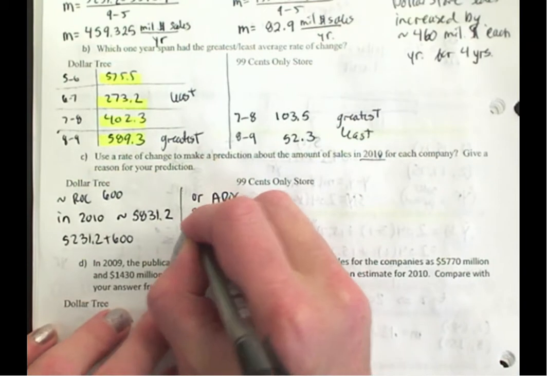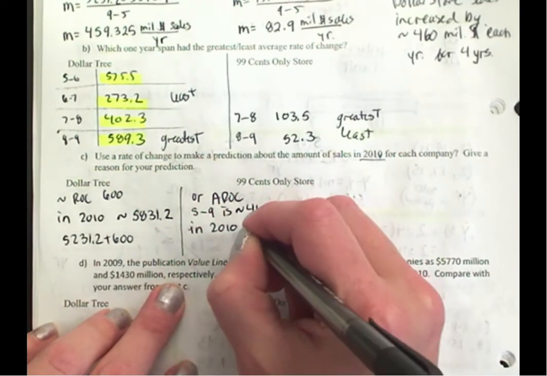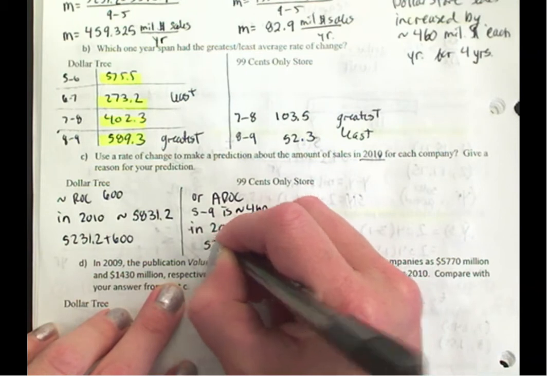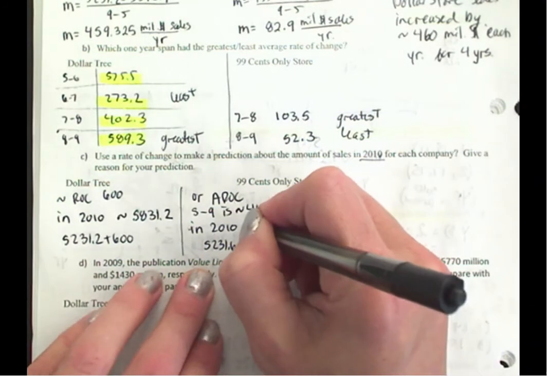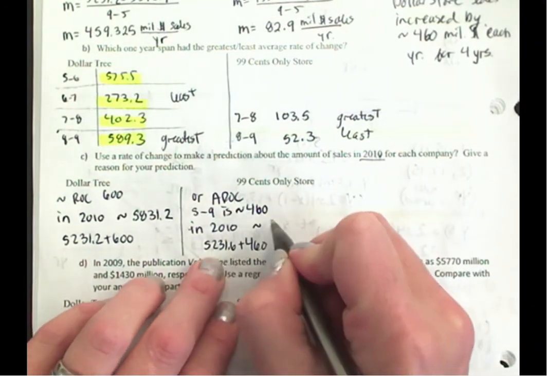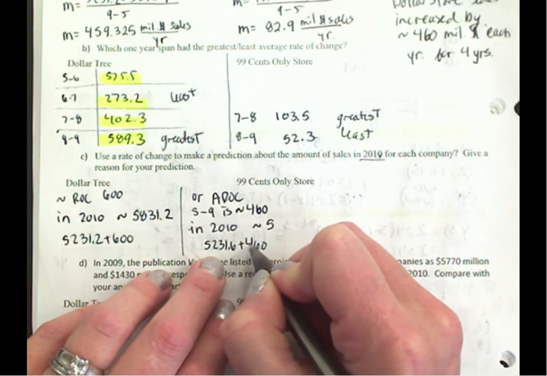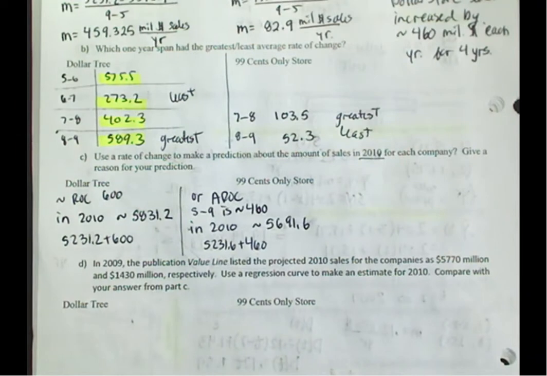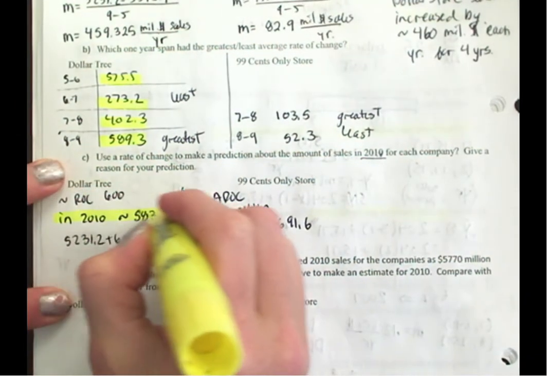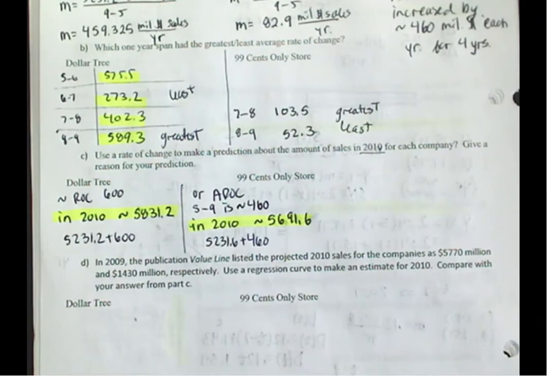Okay, so in 2010, 5231.6 plus 460, approximately. There's your two predictions. Two different ways. One, I just estimated what I thought the next rate of change would be. The other way, I just looked at the average rate and I said, okay, I think this is a good middle ground. Not too high, not too low.